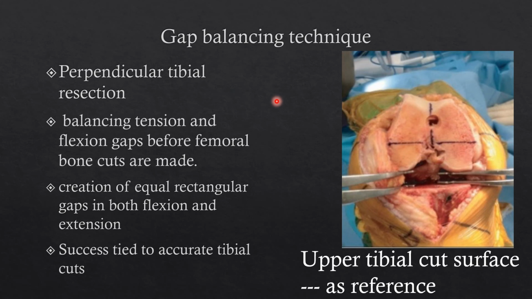Then the balancing of the tension of the soft tissue and the flexion gap is done, and then the femoral bone cut is made to create an equal rectangular gap in both flexion and extension with reference to the tibial cut surface. And so the tibial cut surface is very important, and the success is tied to the accurate tibial cut.